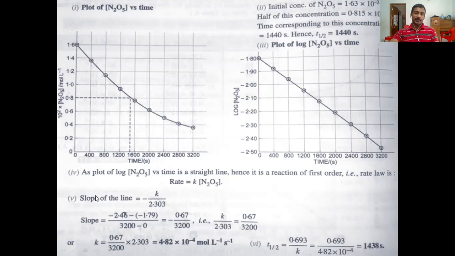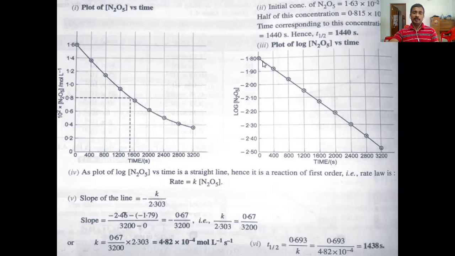If it is a first order reaction, slope of the line is equal to minus K. Since log to the base 10 is plotted against time, slope of the line is equal to minus K by 2.303. How will you find out the slope?